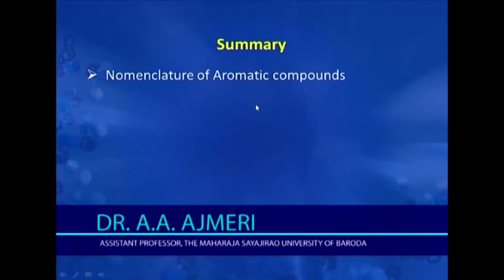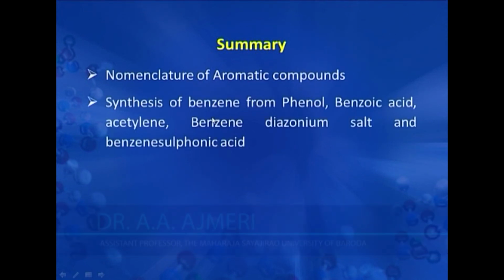We have discussed here very important points of our organic chemistry, which include nomenclature of aromatic compounds. Second, we discussed synthesis of benzene from phenol, benzoic acid, acetylene, from diazonium salt and benzene sulfonic acid.